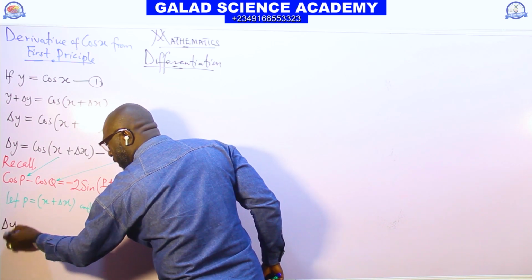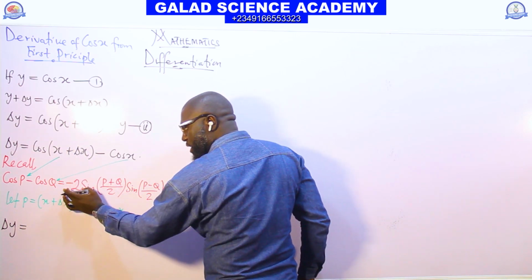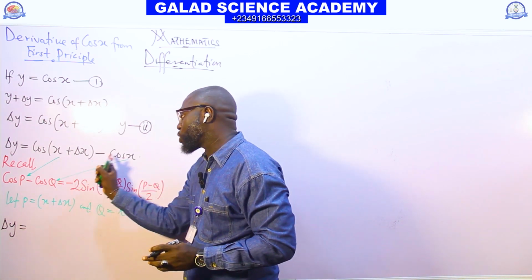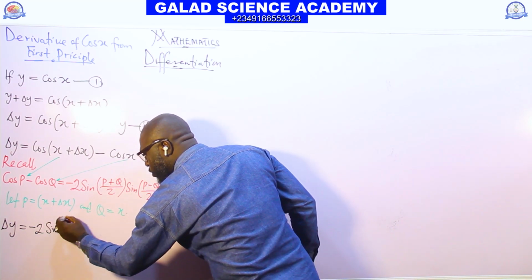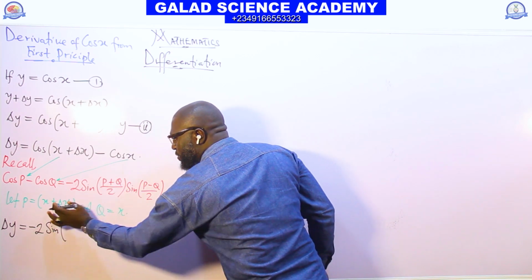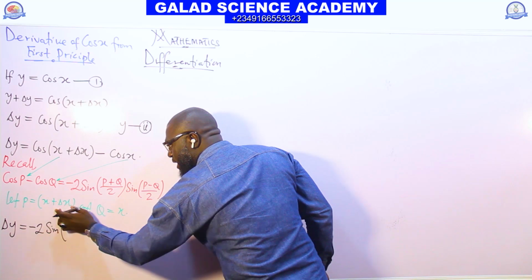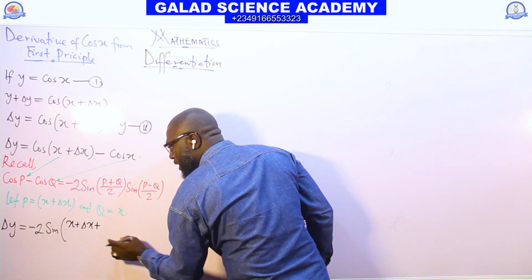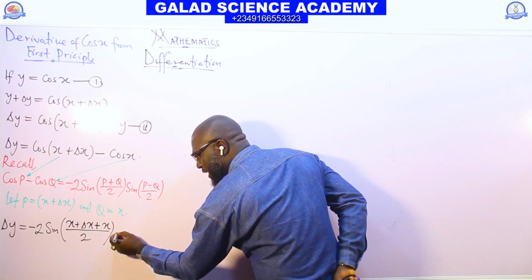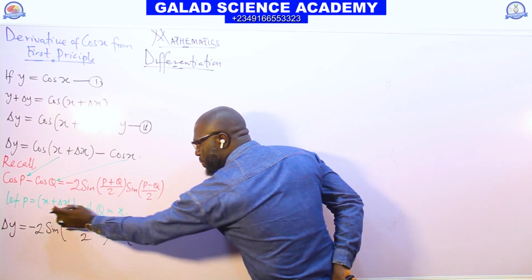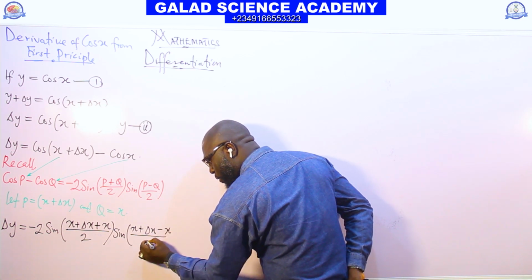Change in y should be equal to minus 2 sine of (P plus Q) over 2, where P is x plus change in x and Q is x, then sine of (P minus Q) over 2, which is x plus change in x minus x, over 2.